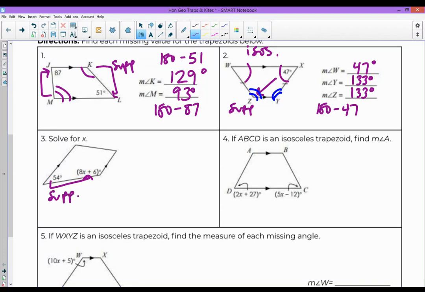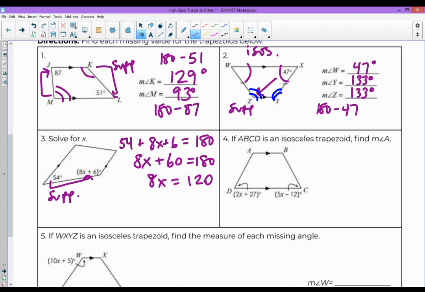So to create my equation for that, I have 54 plus 8x plus 6 equals 180. So 8x plus 60 equals 180. If I subtract 60 from both sides, 8x equals 120. Divide both sides by 8, that leaves me with x equals 15. And that's all I wanted in that one. I wanted to solve for x.